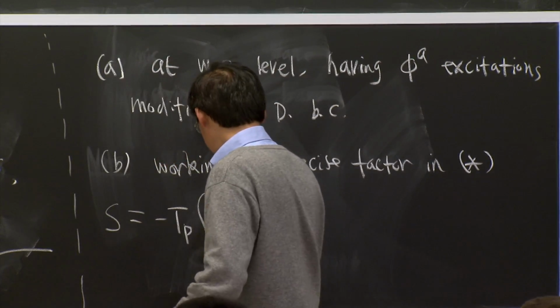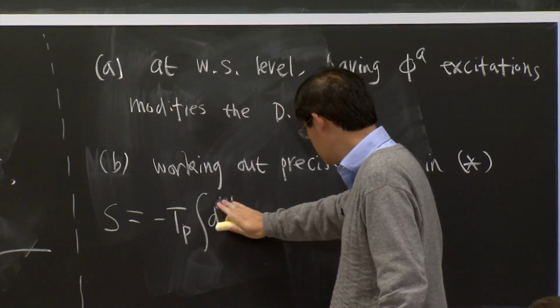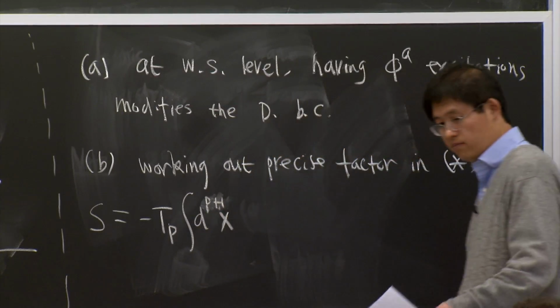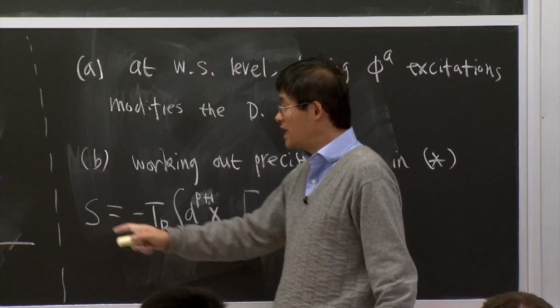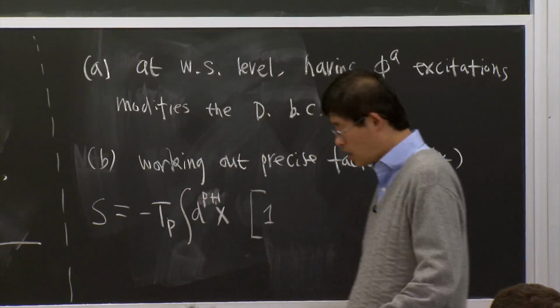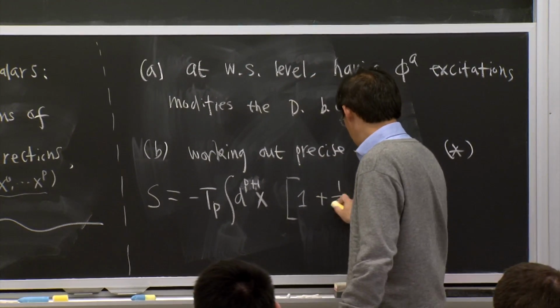Tp, again, is integrated only over the volume of the D-branes, p plus 1. And first we find there's a constant term when you work out that action precisely. And then you have this F term.